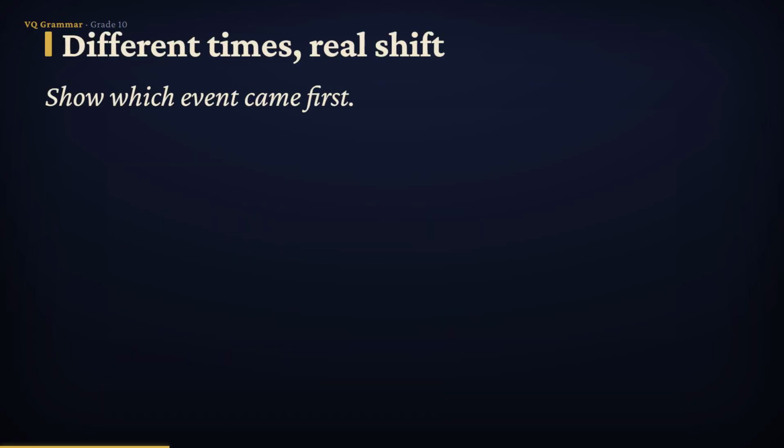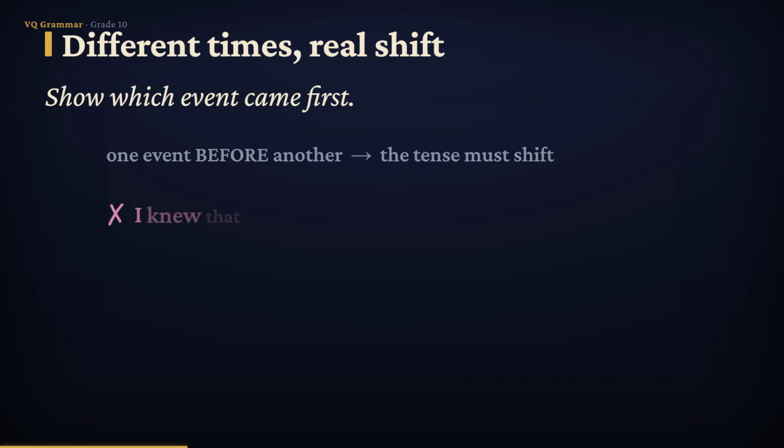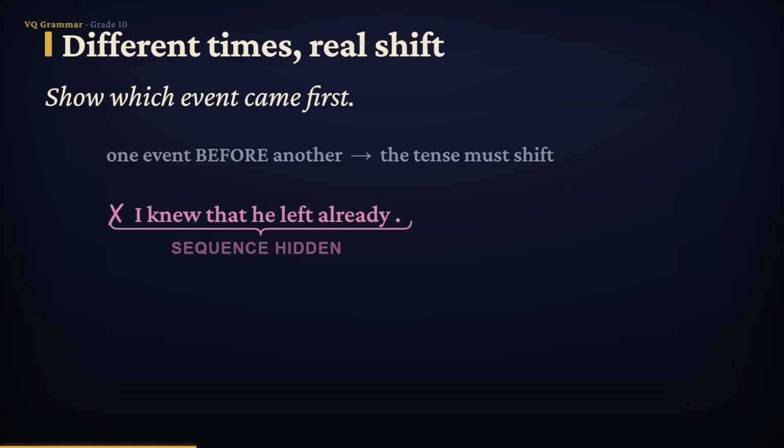Now the other half, because sometimes you must shift. When one event genuinely happened before another, the tenses have to show that order. Take the flat version. I knew that he left already. Knew and left are both plain past, so they sound like one instant, as if the knowing and the leaving happened together.